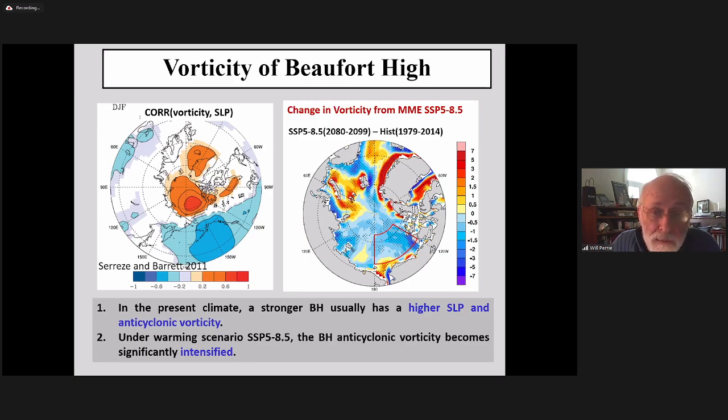Those are weak compared to 8.5. Beaufort high becomes significantly intensified under 8.5. And so here on the right plot is a difference plot of 8.5 minus historical, showing you changes in the Beaufort high.